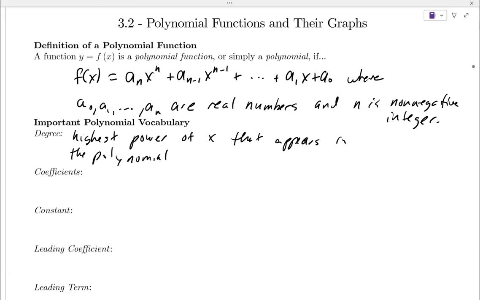The coefficients are the numbers multiplied by the powers of x. So the way I have the function written there, the coefficients are the a0, a1, up to a sub n. The constant is that last term that I have written there.